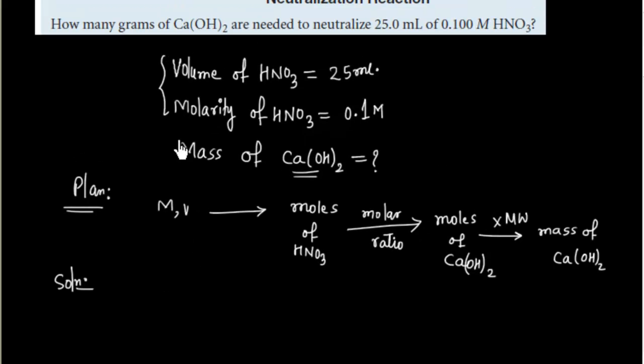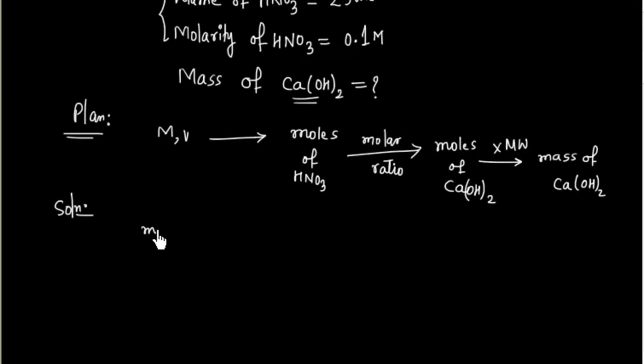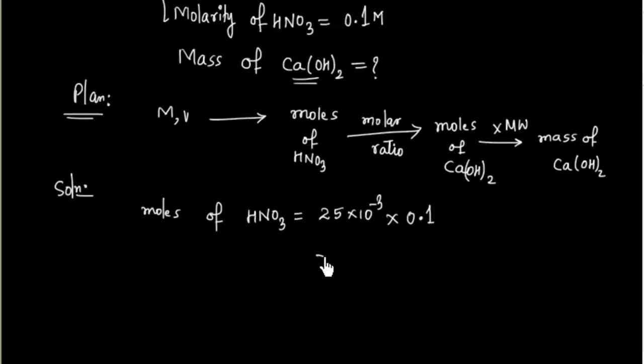Volume times molarity will give you the moles of HNO3. So moles of HNO3 equals 25 into 10 to the power minus 3 for the volume, and molarity is 0.1. So this is 25 into 0.1, 2.5 into 10 to the power minus 3 mole.